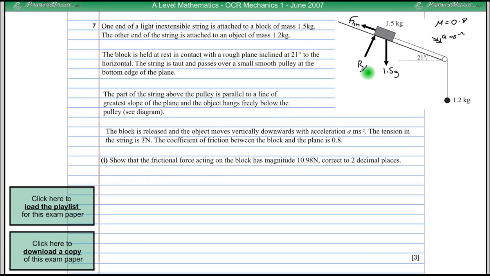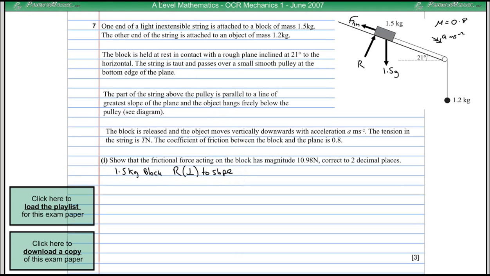So before we can find the frictional force, we need to find the normal contact force. So we are going to start off with the 1.5 kilogram block, and we are going to resolve perpendicular to the slope.